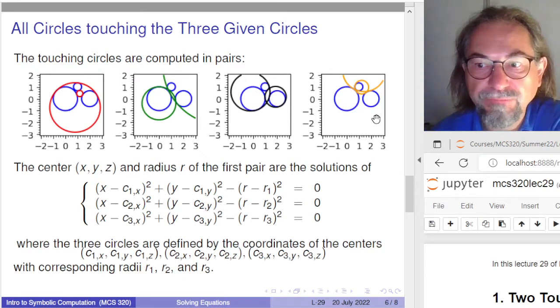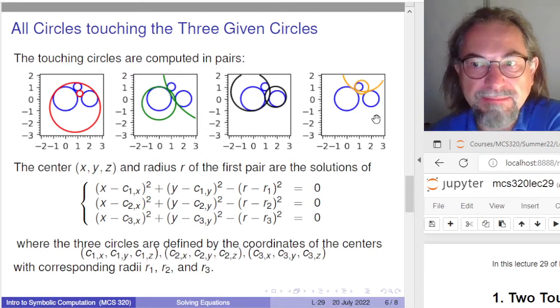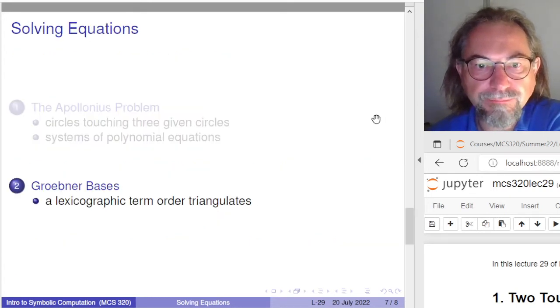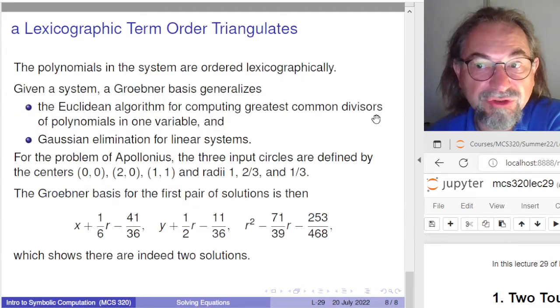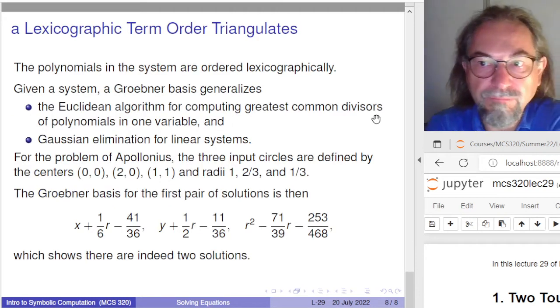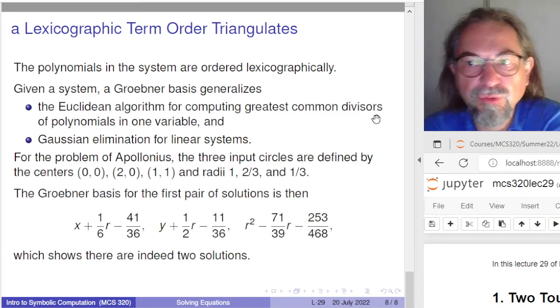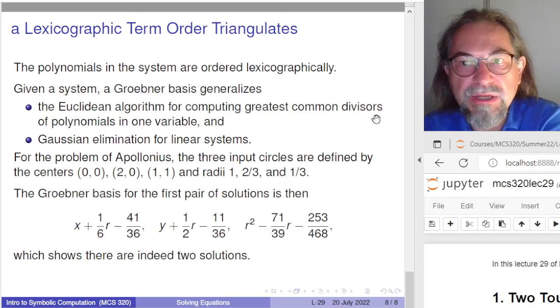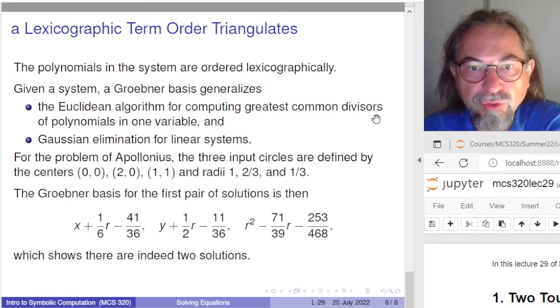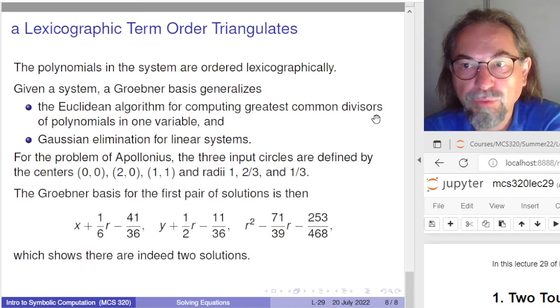So we will solve this problem systematically with SageMath. Okay, so in SageMath one can typically just type in solve, but it's good to know algebraically what is going on. So we have seen that the term orders of polynomials define a normal form.